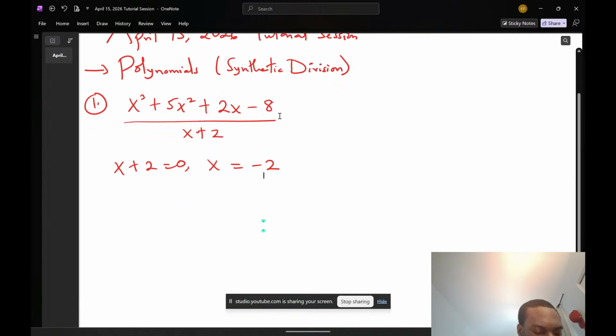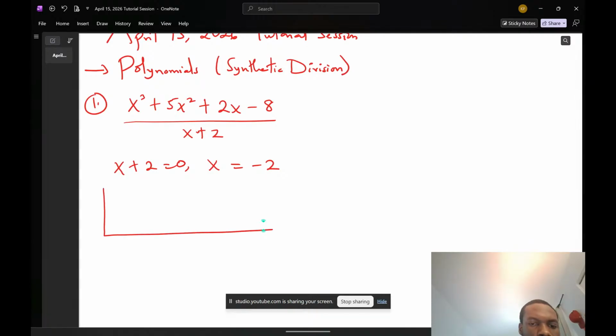So in synthetic division, we draw a table like this, and the divisor will be written outside like this as minus 2. And then we'll write the coefficients of the dividend.